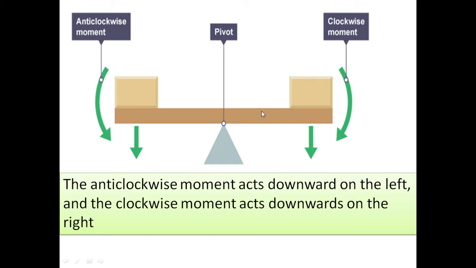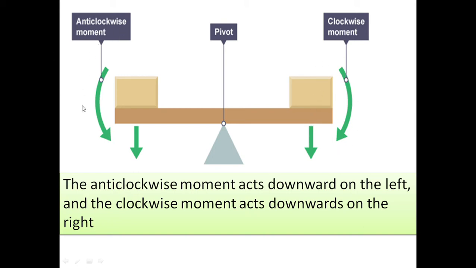So again you can see rotation. Now this is the axis of rotation, that is called the pivot. Right, now this is the anti-clockwise moment. That means the distance from here to here and the force. The product of the distance and the force, that is the clockwise moment.